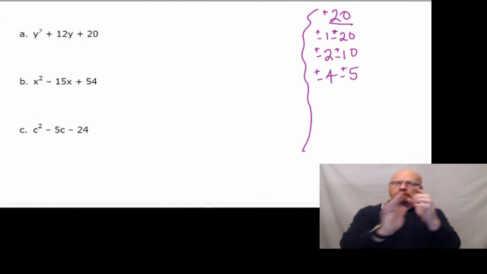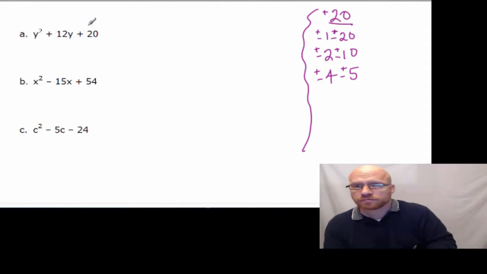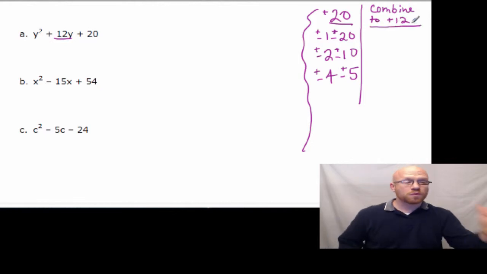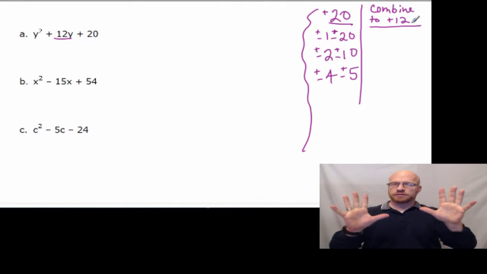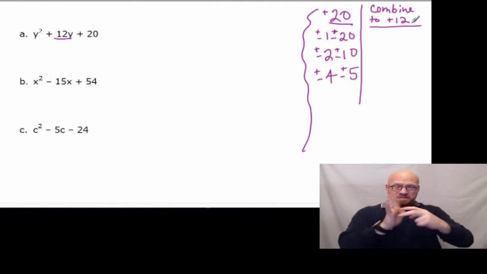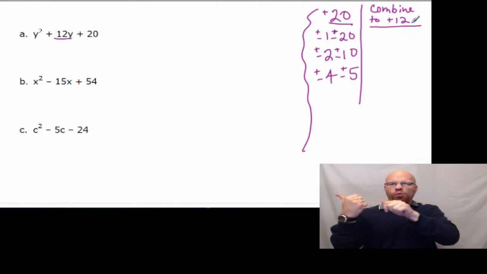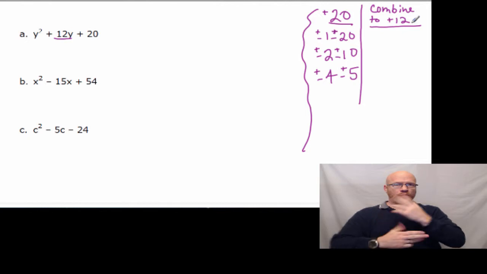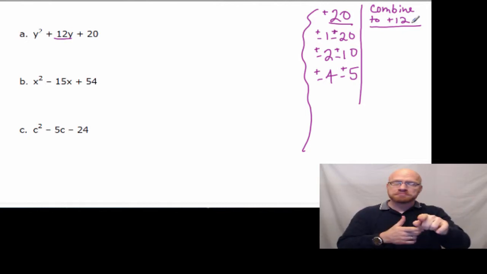We need to figure out which pair of numbers add together to become positive 12. Okay, positive 12, meaning that our negative pairs are now no longer going to work because two negatives can't become a positive, at least not in my world.